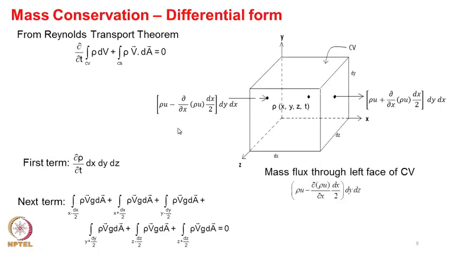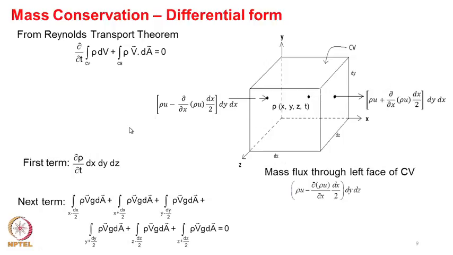And if you write, for example, only for the left face, the mass flux through the left face is rho at x, y, z, t, which is defined here, assuming that is the density available at the center of the element. You go to the left hand side, and this will give you the flux that is entering, and this will be the flux that is leaving.